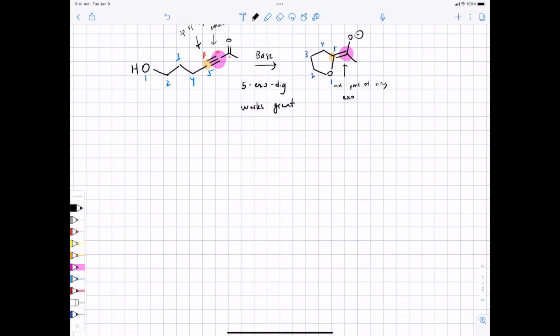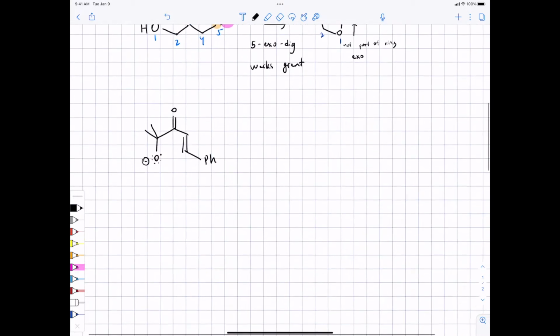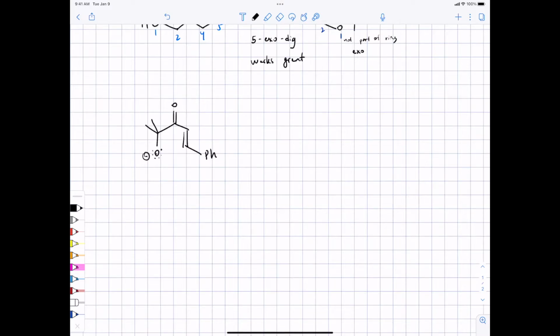Let's do a related situation, which will illustrate the exo versus endo feature again. So you can remove the proton from this oxygen, but it turns out the conjugate addition here, which would be 1, 2, 3, 4, 5.